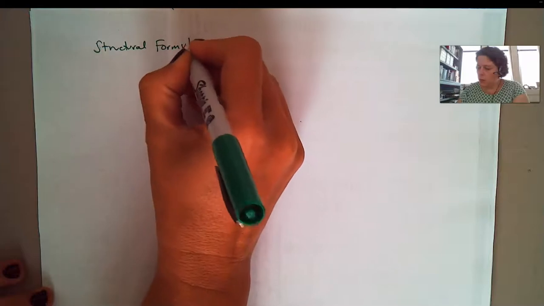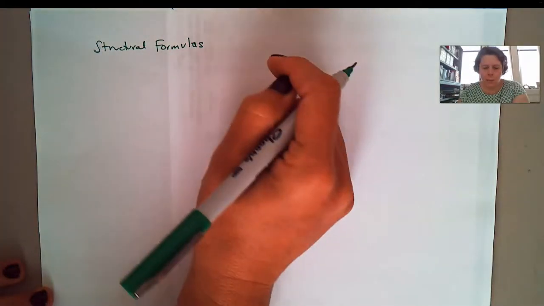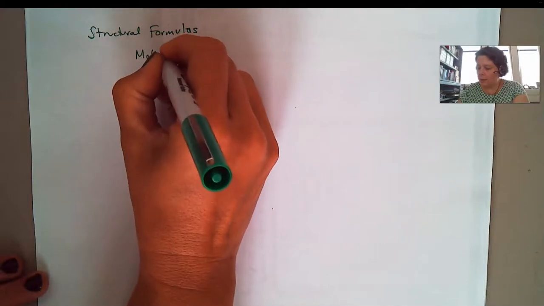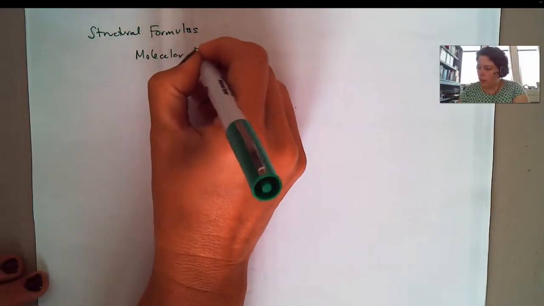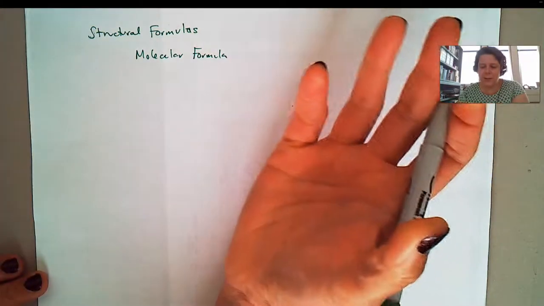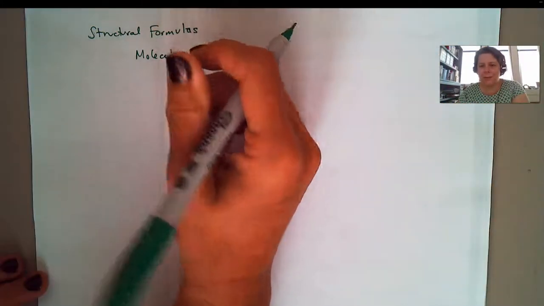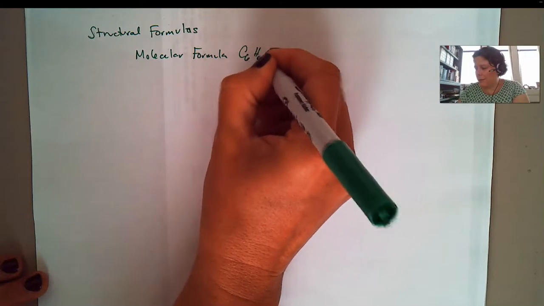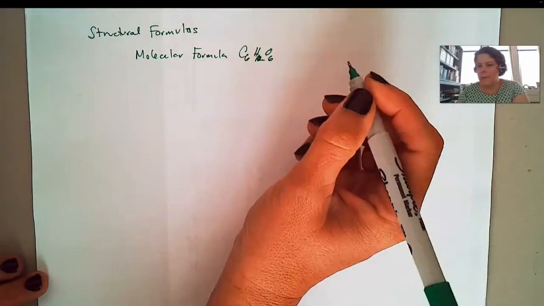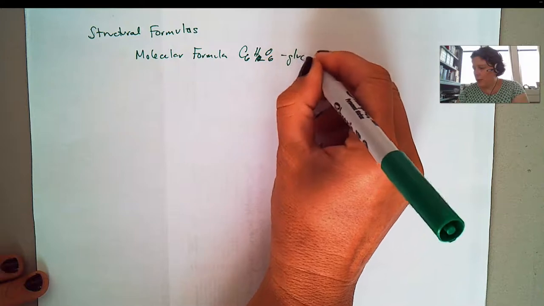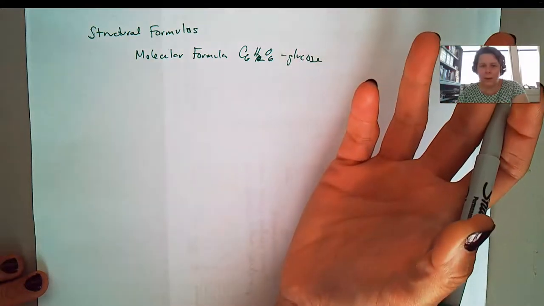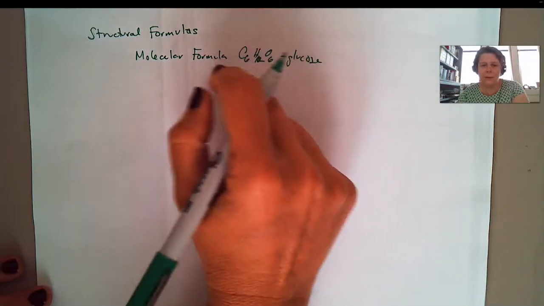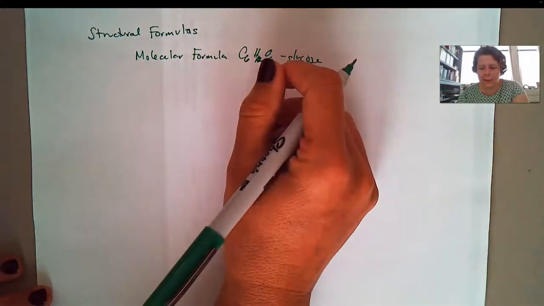If we do just the molecular formula, it just tells us how many carbons there are, like C6H12O6. I mean, this is glucose. But it doesn't tell us where anything is. It doesn't tell us how it looks or anything like that. It just gives us the numbers of carbons and everything like that.